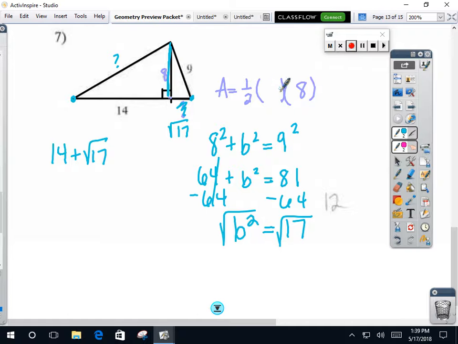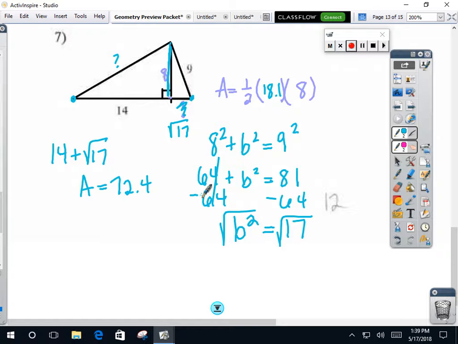Because y'all aren't the only students in here. What do you get? 18.1. Now type in all that together, 1/2 times 18.1 times 8, and you get. So where did that 16 point something come from?